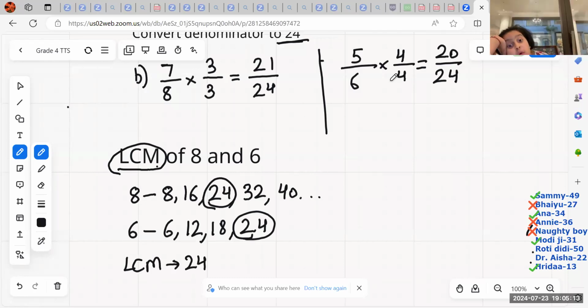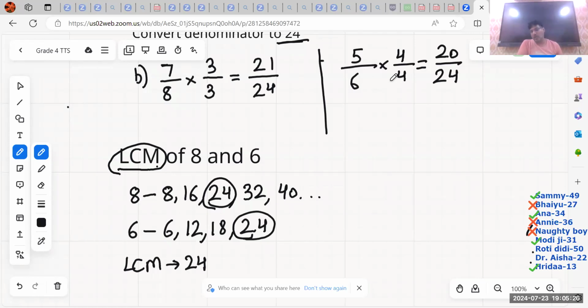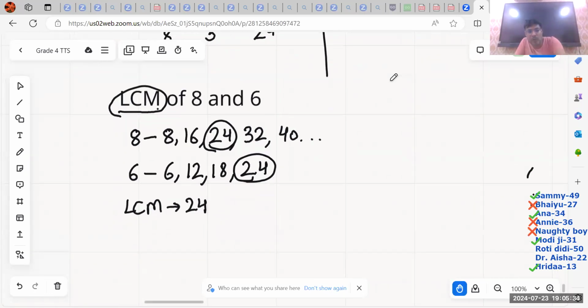You remember now kids? LCM is always more than or equal to the numbers. It cannot be lesser than 8. It can be equal to 8 or more than 8.